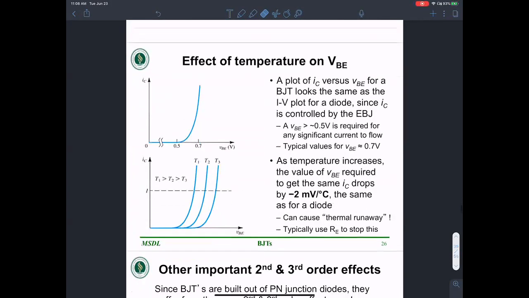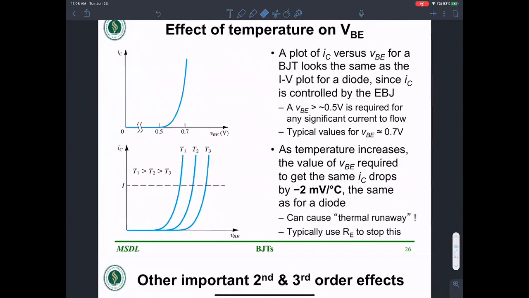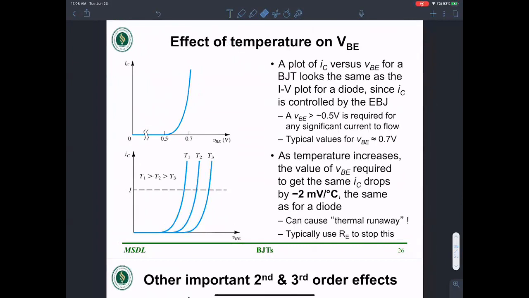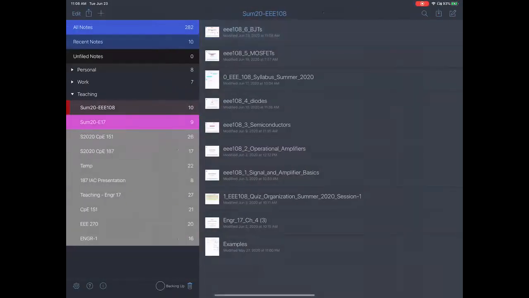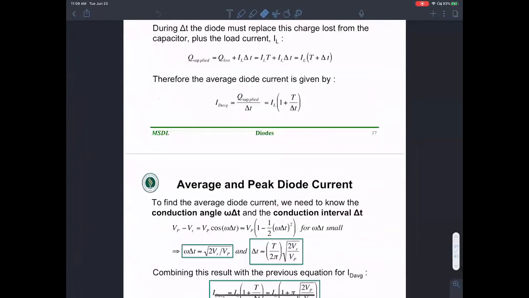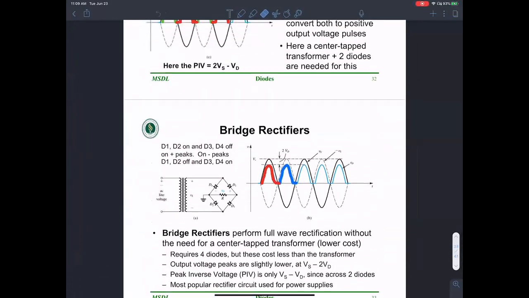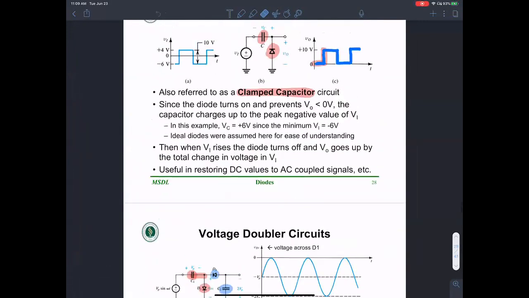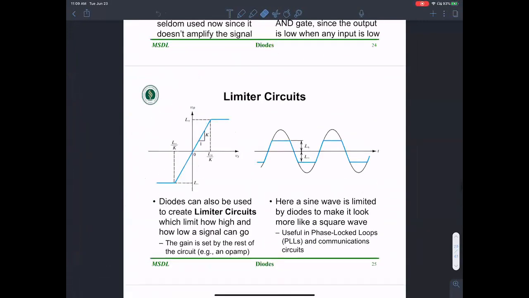Now let's look at the higher order effects, the effects of temperature. These are pretty similar to the diode higher order effects, so I might as well go back to the diode higher order effects.